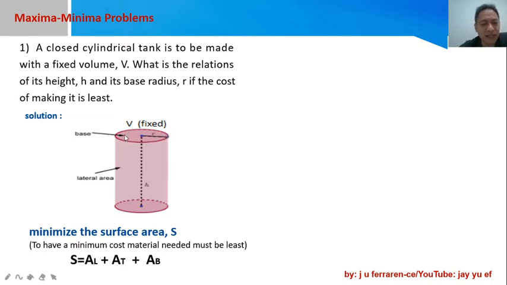What is the circumference of a circle? That is 2 pi r. Just multiply with the altitude h. So this is now the value of your lateral area: 2 pi r, the circumference, multiplied with the height.